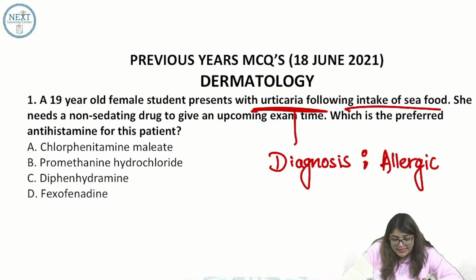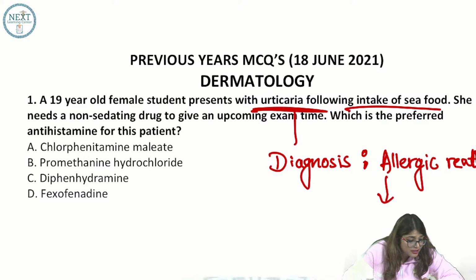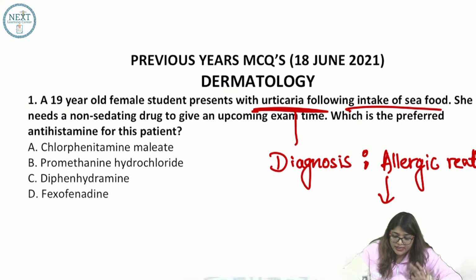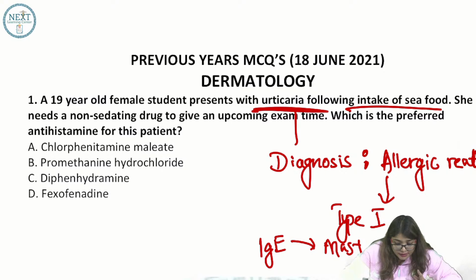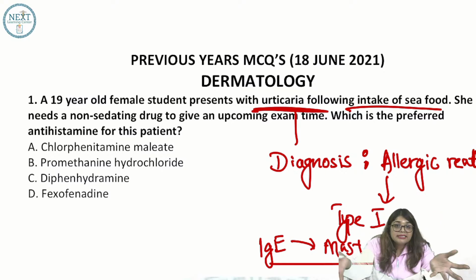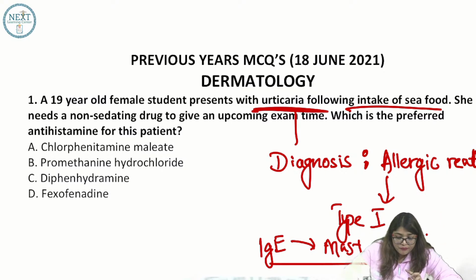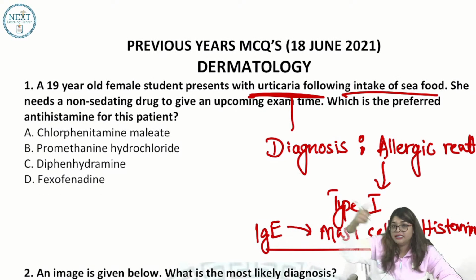So how do we have an allergic reaction? It is a type 1 hypersensitivity. And what happens in type 1 hypersensitivity? IgE binds to mast cells, releasing histamine. That is the pathology, and from patho we reach histamine.